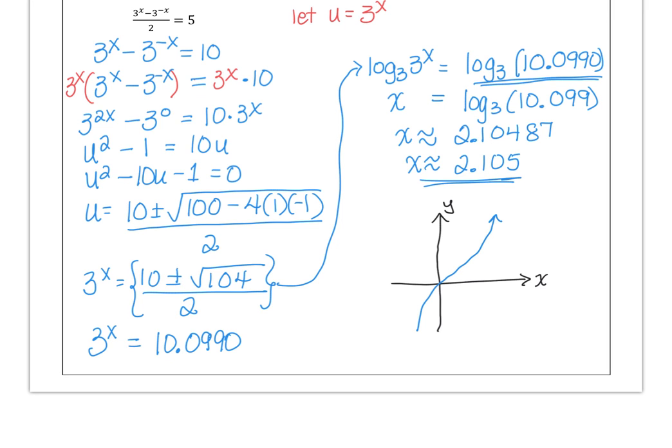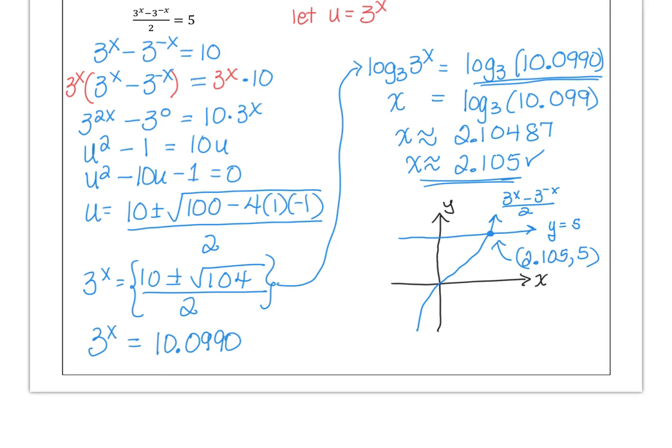Then we're graphing y equals 5 for the right-hand side. This is the left-hand side, 3 to the x minus 3 to the negative x over 2. And that intersection point is 2.105, bingo, comma, 5. So we have checked that out.